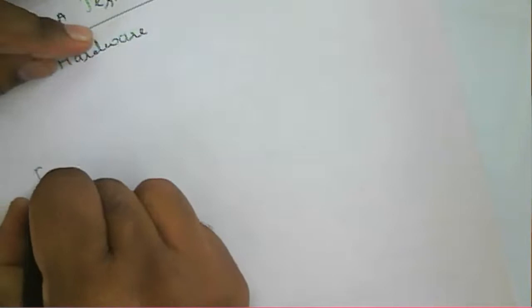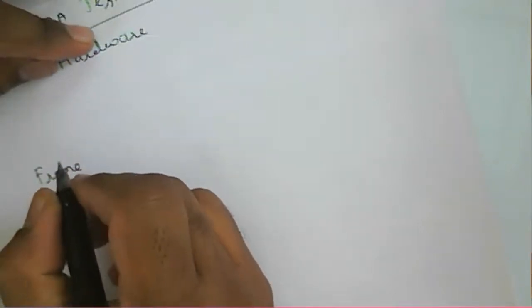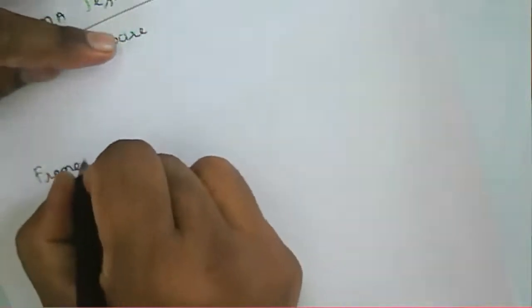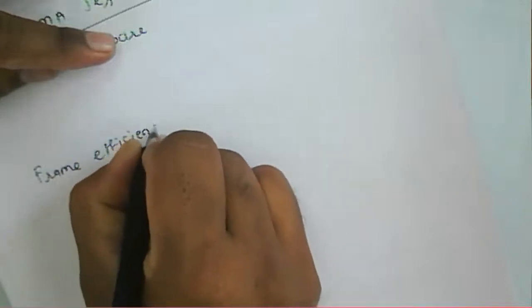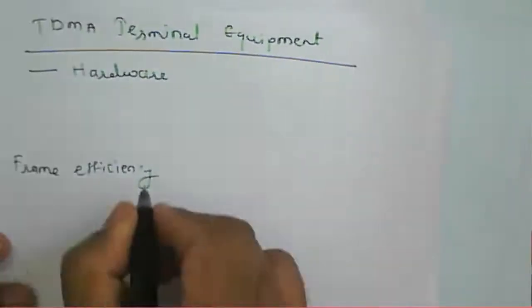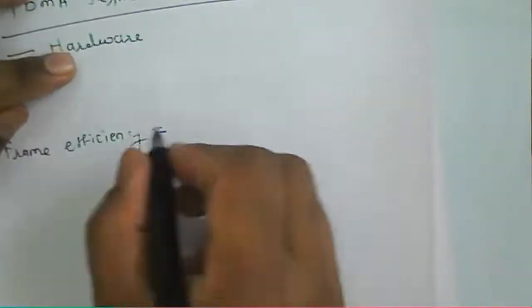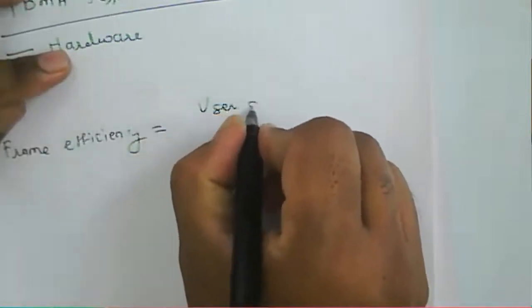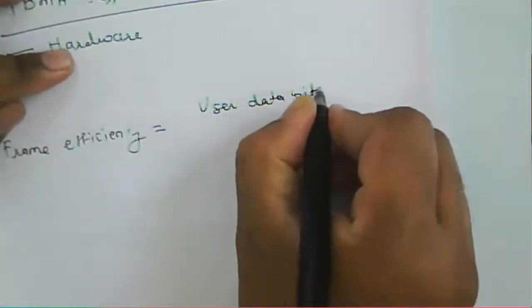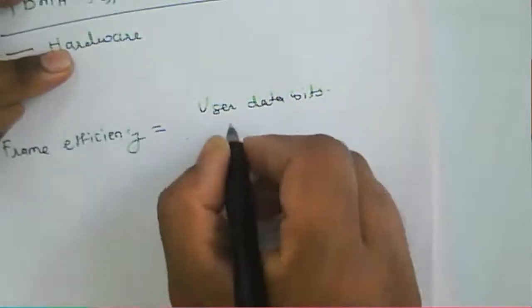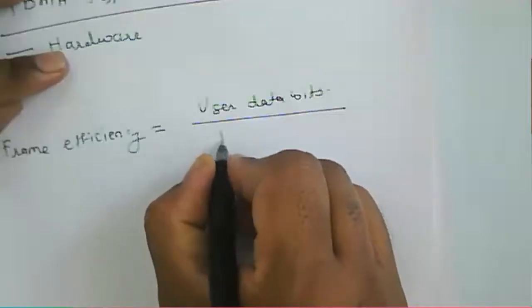And then we can calculate the frame efficiency of this TDMA frame. Frame efficiency is equal to the user data bits with respect to the total bits in the frame.